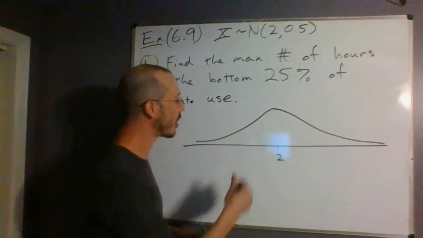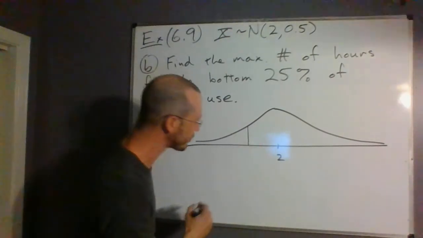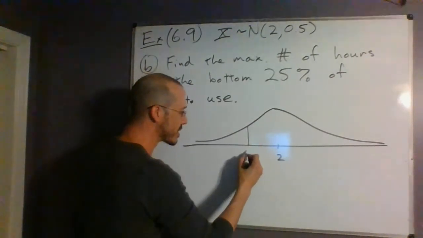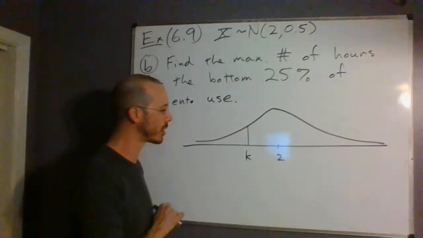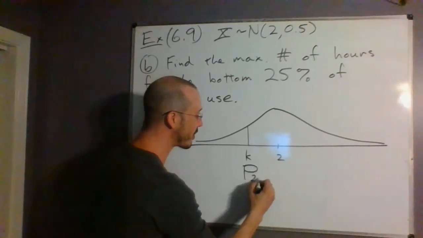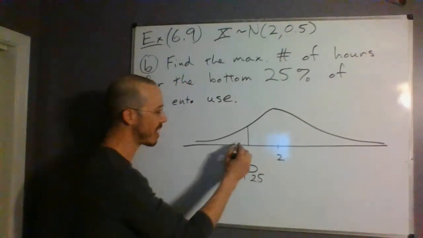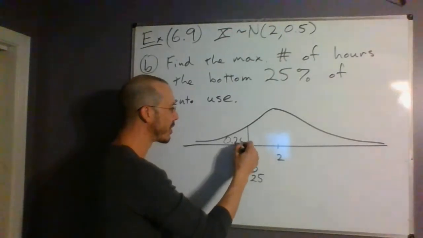What we're finding, I'll label it, is over here somewhere. That's the K value. If you want a quick way to write a symbol for it, it's also the 25th percentile, the value that puts an area of 0.25 over here.